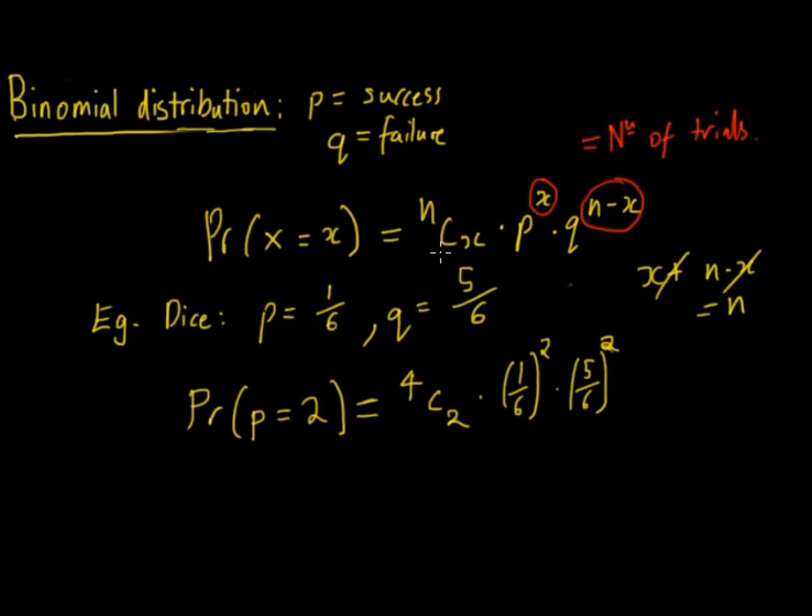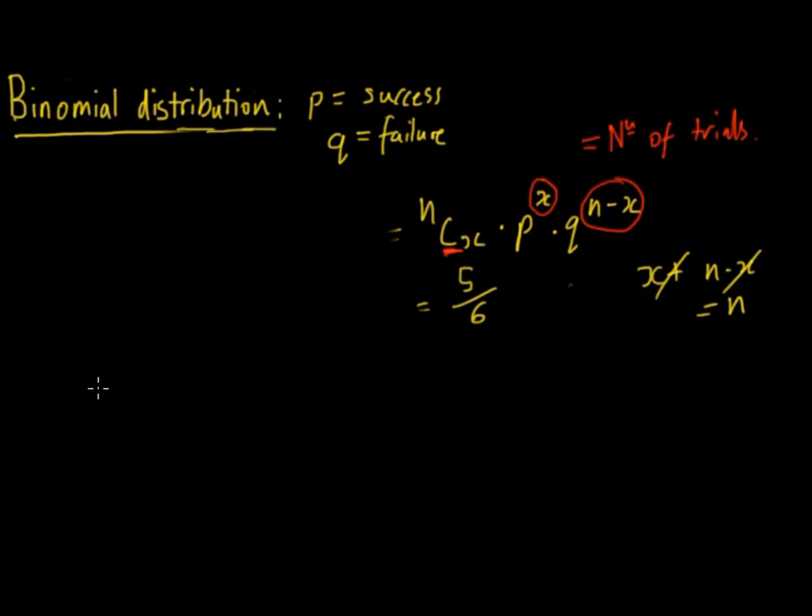So what's this C? If you can't remember what the C is, this is the combinations, or the combinatorics, that we mentioned before. If you can't remember, look at the previous videos, and I'll briefly go through it now. But if you have any more trouble, just go back and remind yourself.